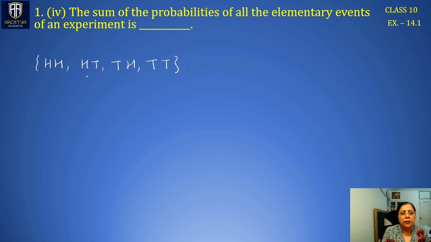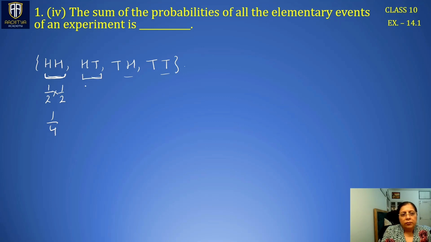We had learned that any outcome of a random experiment is called an elementary event. So we have 4 elementary events here. Now the sum of probabilities of all the elementary events. The probability of occurrence of 2 heads is 1 by 2 multiplied by 1 by 2, that is 1 by 4.